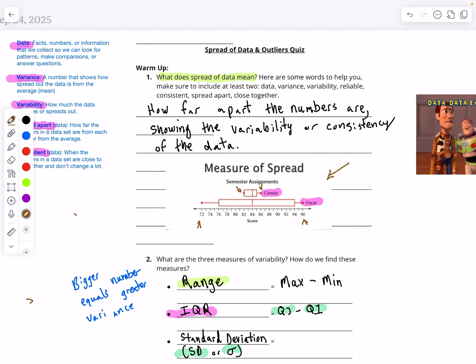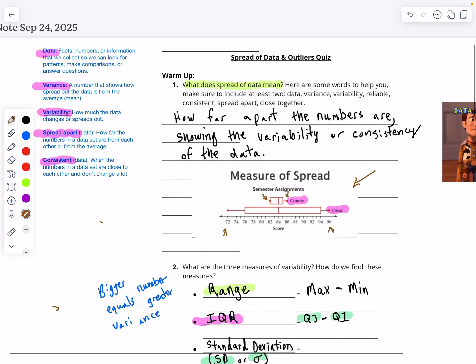The question says we have to explain what spread of data means, and we have to use two of the words listed. I didn't do a definition for all of the words, but I did most of them. Just a reminder, we have data. Data is facts, numbers, or information that we collect so we can look for patterns, make comparisons, or answer questions. Examples could be, what is the average height of students on a basketball team?